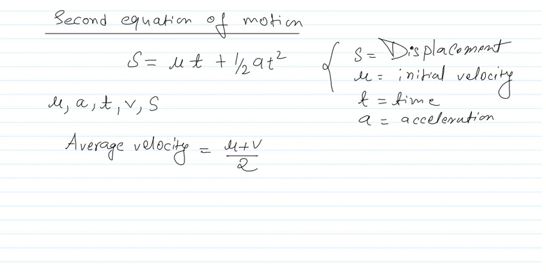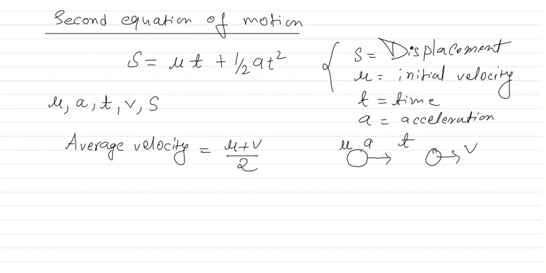So let's take an example. Suppose that here is a ball, it has a initial velocity u and it's uniformly accelerating. So its acceleration is a, moving in this direction, and after t its velocity becomes v.